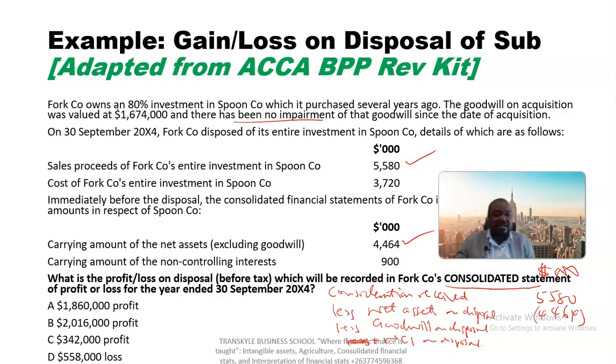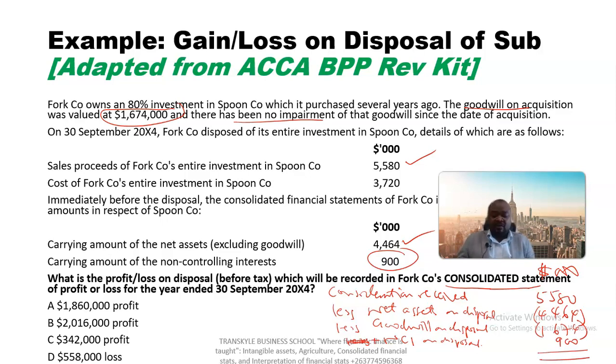These are in brackets. And then the goodwill on disposal. The goodwill on acquisition was 1,674. Then the NCI is a positive 900.